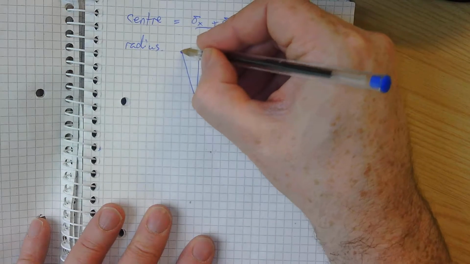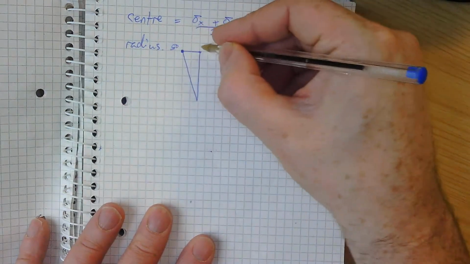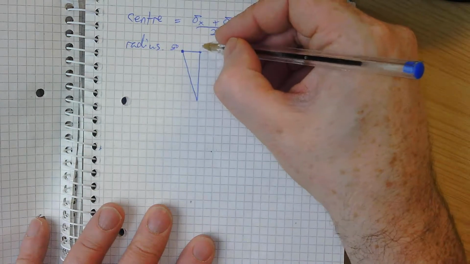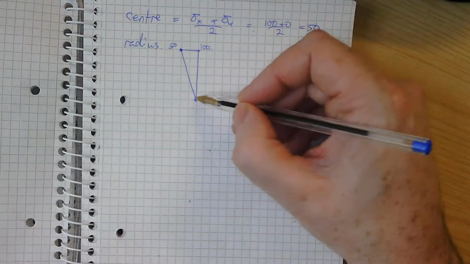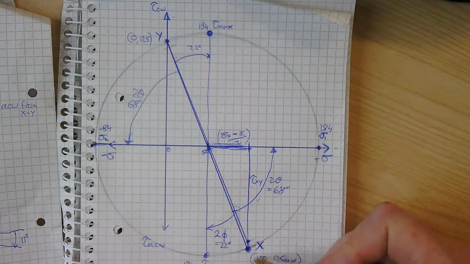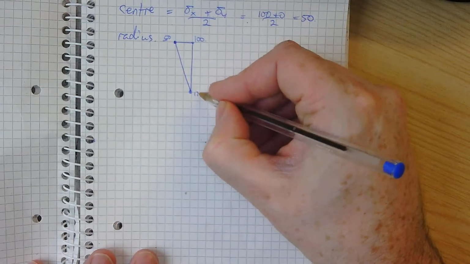Now, if that was the center of the circle, this was 50 here, and this was 100 here, and the height of this point here, that was our tau xy, wasn't it? It's 125, yeah. So this is 125 this way.